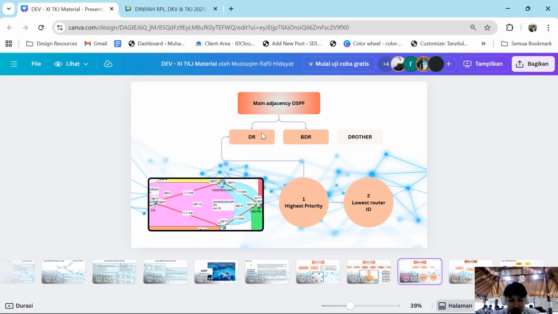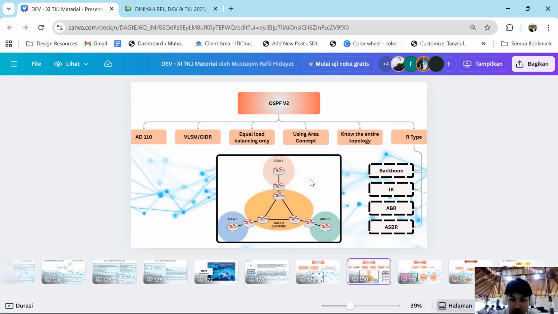Sorry, what does that mean? What is DR and what is BDR? DR means designated router. By the way, I told you before that OSPF basically uses the area concept.